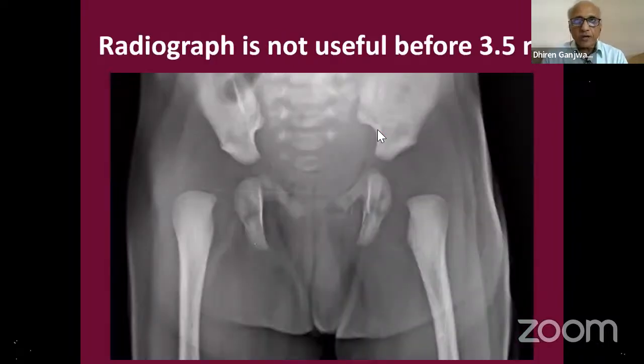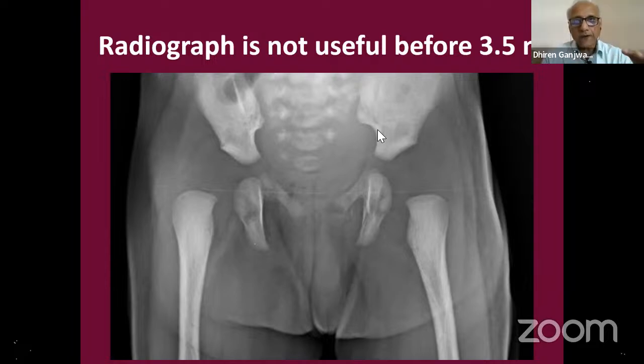Everyone knows that the radiograph is not useful before 3.5 months, because when we take an X-ray like this, we are not able to see the femoral head, which is lying somewhere over here. Because of that, we cannot say 100% whether this hip is normal or not. If I ask you about the right side, whether it's normal or not, definitely we cannot say with 100% certainty.